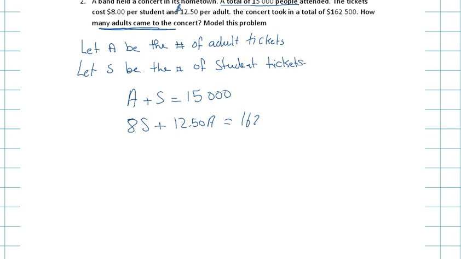Because every student paid $8 and every adult paid $12.50, and altogether we made a total of this much money. You see how money plus money makes money, right?